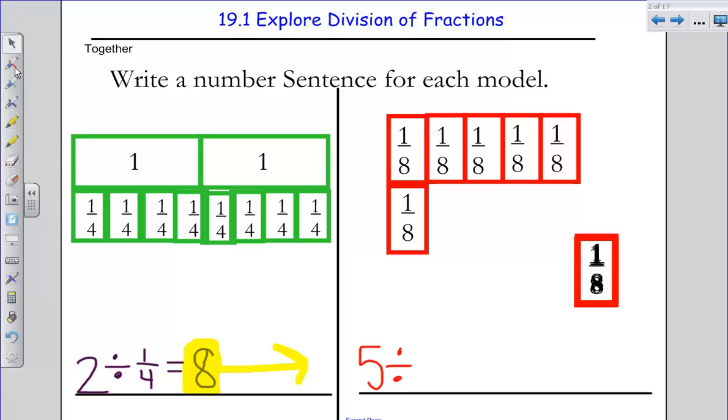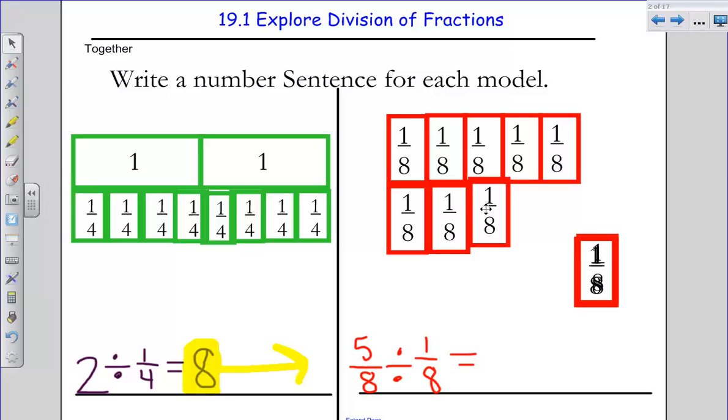So my number sentence is going to be 5/8 divided by, or I'm sorry, I said 5/8 and wrote 5. Sorry about that. 5/8 divided by 1/8. How many 1/8 sections are going to fit into 5/8?